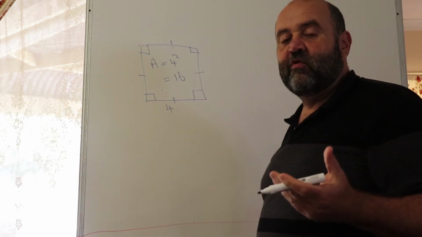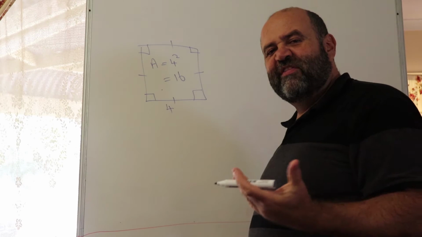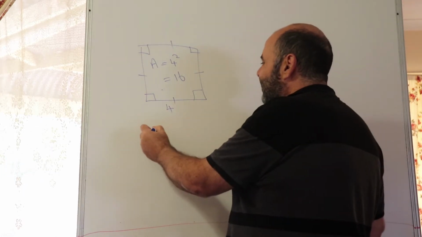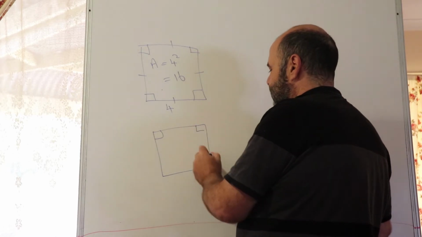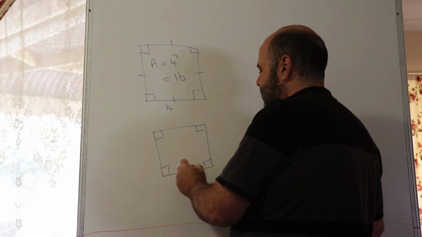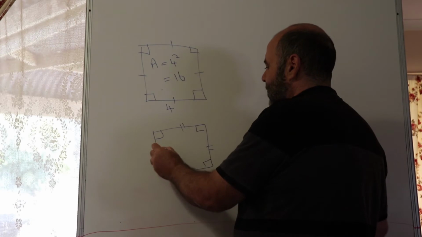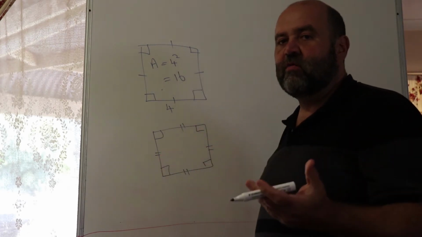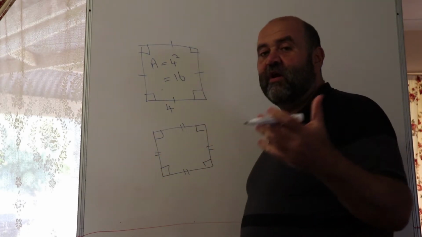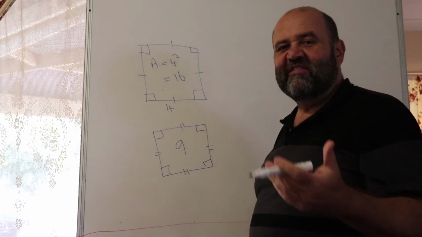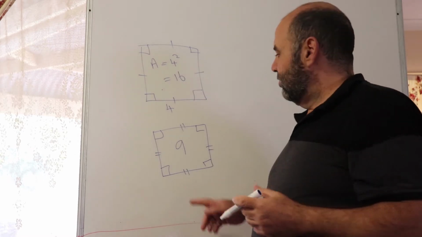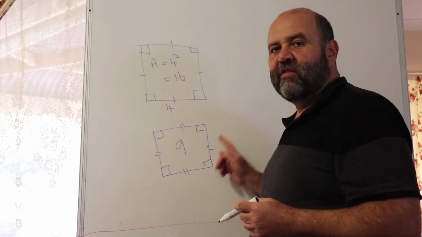That's pretty straightforward. What about if I reverse this a little bit? What if I said, here's another square, all right angles, all sides equal, and I told you the area of this square was 9. Well, what's the side length?